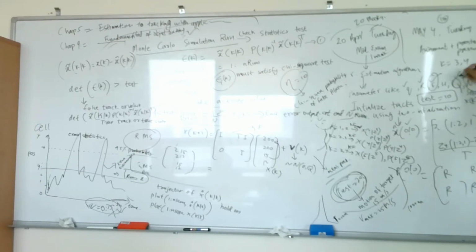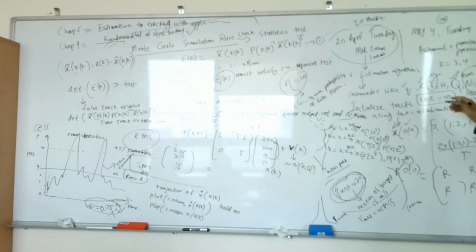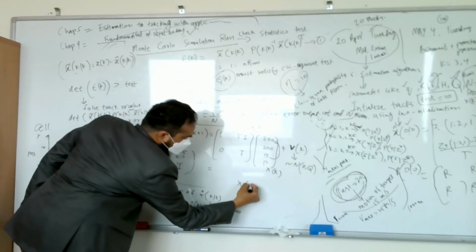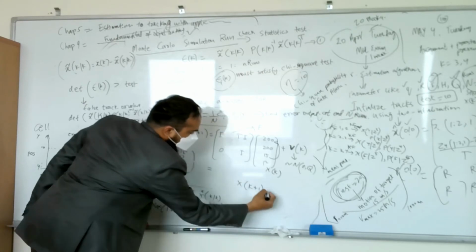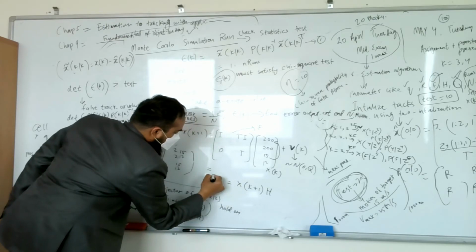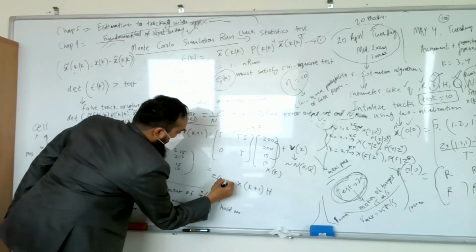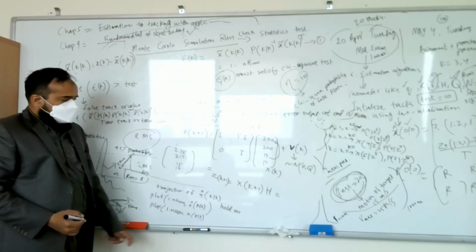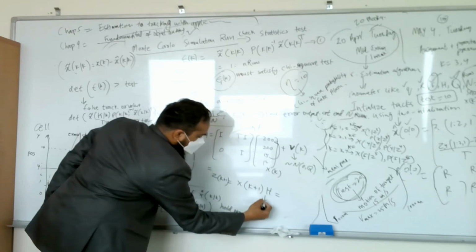So here, H and Q are given in the book. You can see H is also a similar identity matrix. We just select the position. If this is multiplied with H times xk, then what is the output?